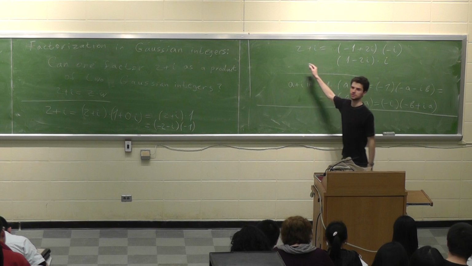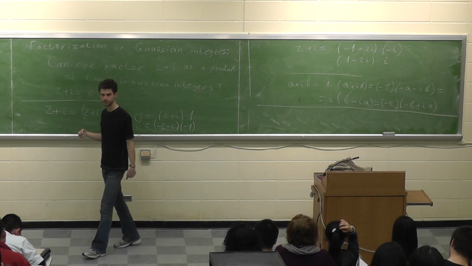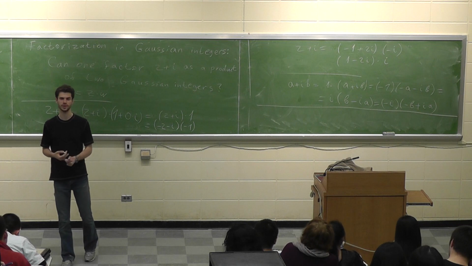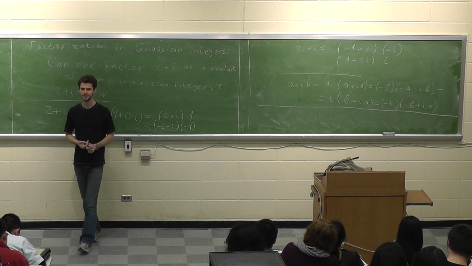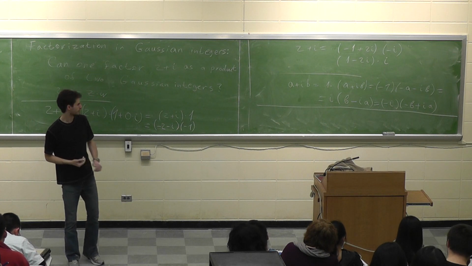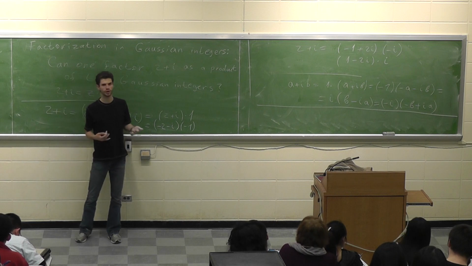But what about other ways? What about taking this number and writing it as a product of two numbers in some other way? Okay, so the claim is that we actually exhausted all the possibilities. The question is how to prove that there are no other ways.